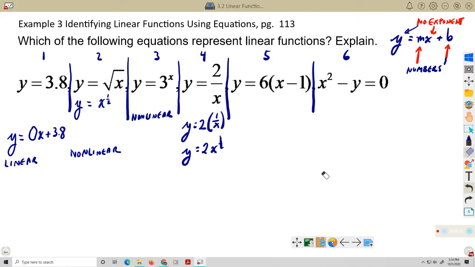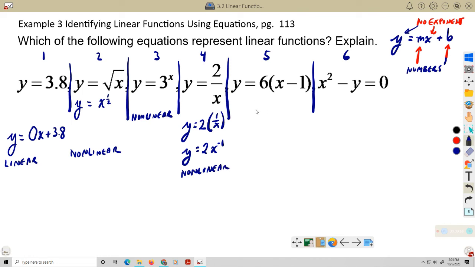Let me fix this. X to the power of -1. So again, it's shown as the reciprocal of x, or I can write it as x to the power of -1. But in either case, this is nonlinear because it's not x to the first power.